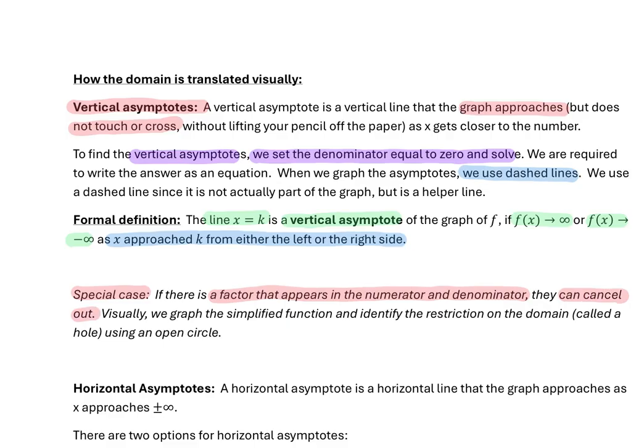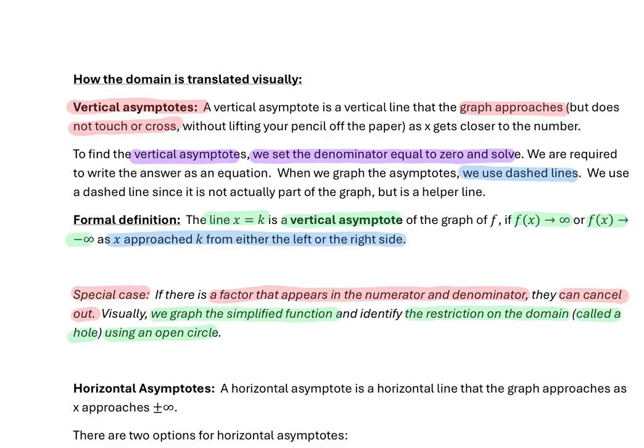Visually, this means we graph the simplified function, but we do still have a domain restriction. To identify the restriction on the domain, we put a hole, using an open circle, at that particular number. All right, these are our vertical asymptotes.